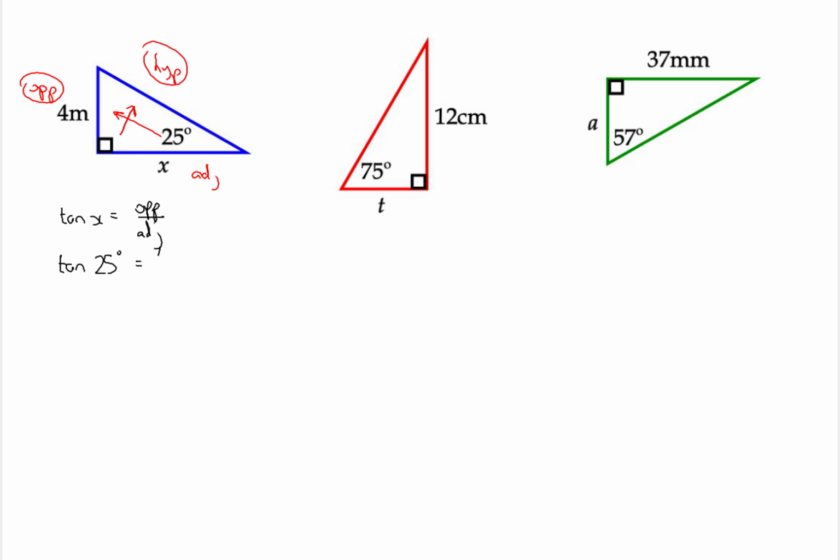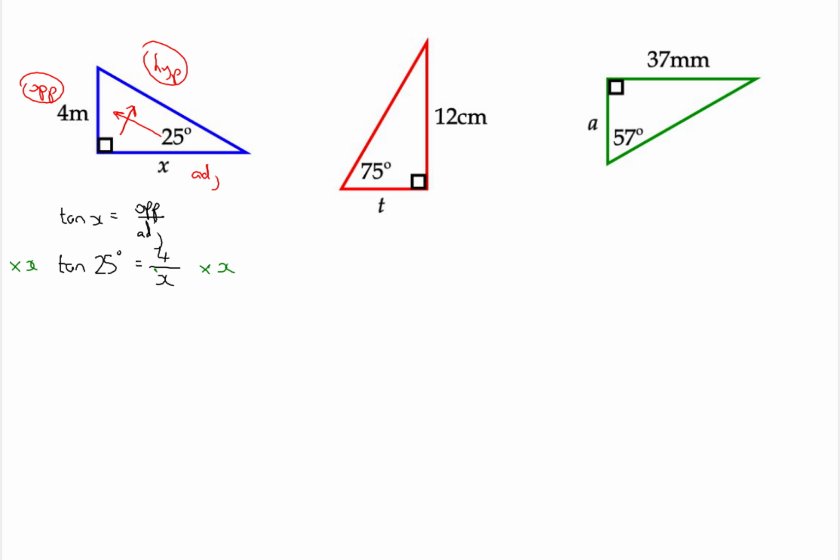Opposite is 4, and the adjacent is x. So here's my letter on the bottom of the denominator. So as we talked about in my examples, we want to first of all multiply both sides by x. Try and make your x's different from your multiplication signs, otherwise you just get xx.